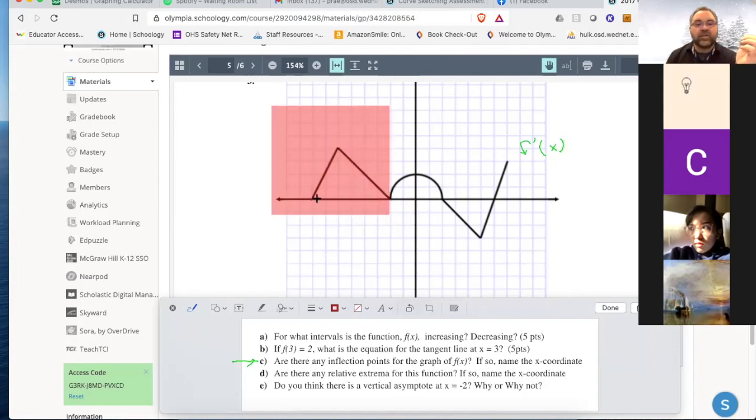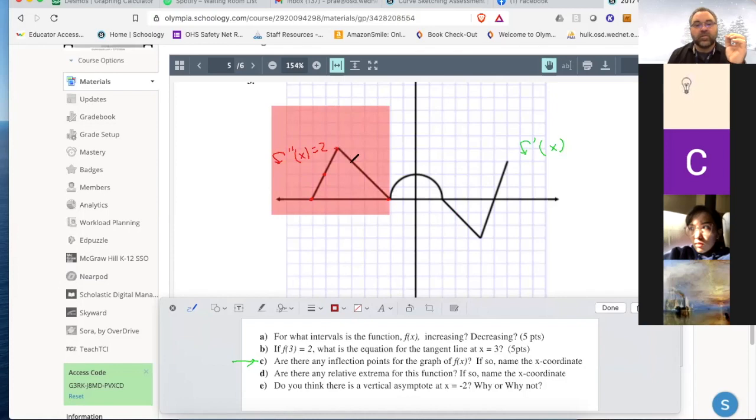Notice from -8 to -6, this derivative, this graph, is going up with a slope of 2. See that? I start here, I go up 2 over 1, up 2 over 1. So f double prime is 2 from -8 to -6. But then what happens from -6 to here?